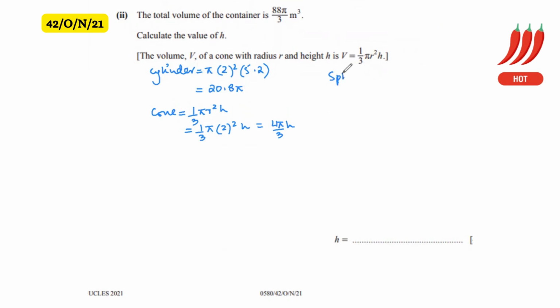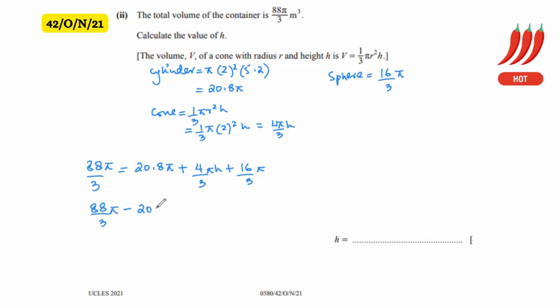So the hemisphere is 16 over 3 pi. So 88 pi over 3 equals all of these added: 20.8 pi plus 4 over 3 pi h plus 16 over 3 pi. So 88 over 3 pi minus 20.8 pi minus 16 over 3 pi equals 4 over 3 pi h.